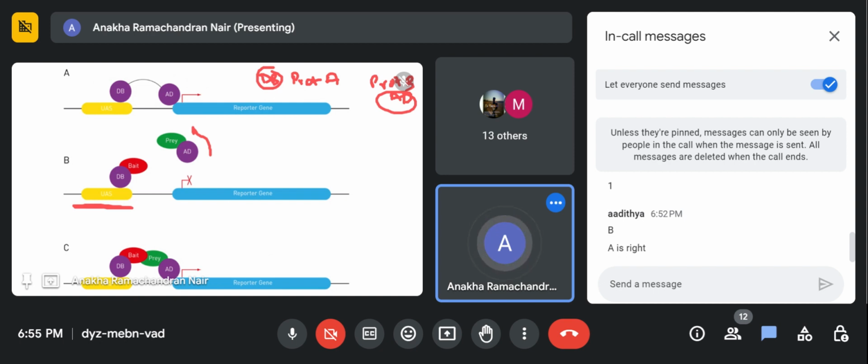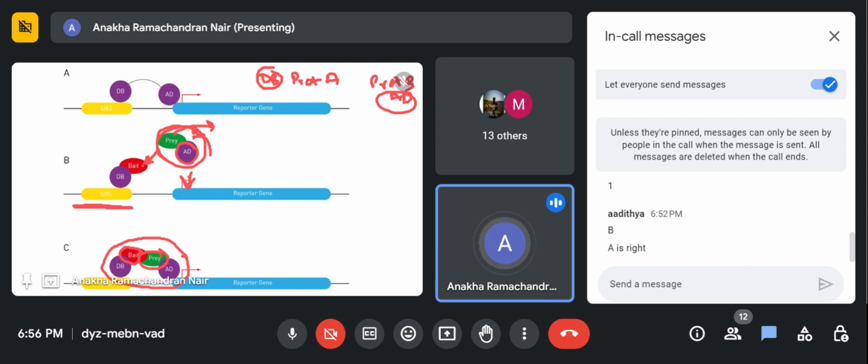If the prey protein, attached to the activation domain, is not interacting with the bait, this construct will not go and attach to the reporter gene, right? So you can see that these two proteins, the bait and the prey, are not interacting with each other. But in case the bait and the prey protein, like you see here, interact with each other, that means this construct will be whole.